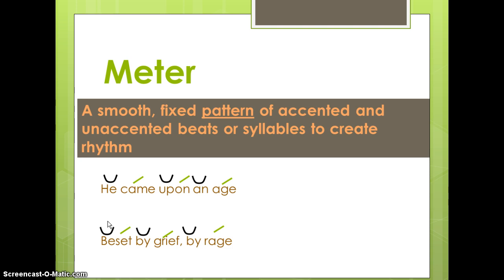And the reason that's wrong is that this poet has designed these two lines to flow with the way we naturally speak, to create this particular rhythm. So keep in mind, meter is a pattern created out of beats and syllables to create a certain type of rhythm. And we will be practicing recognizing meter and labeling it more as a class.